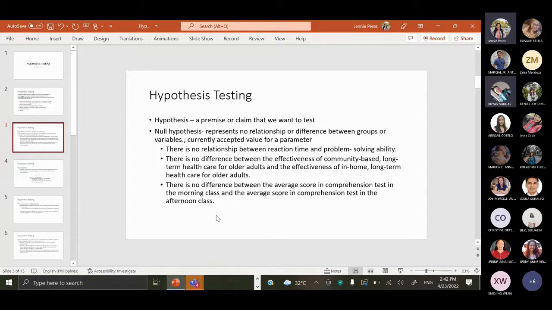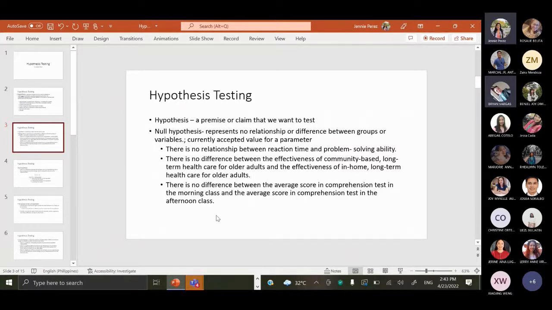When you say a null hypothesis, what kind of hypothesis is that? It is said to be a null hypothesis because it represents no relationship or no difference between groups or variables. The null hypothesis is usually the default hypothesis. It is the benchmark at which we make our decision from.